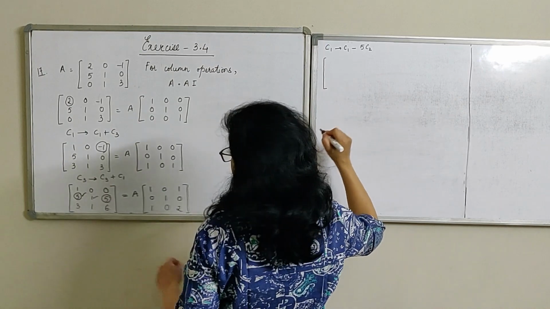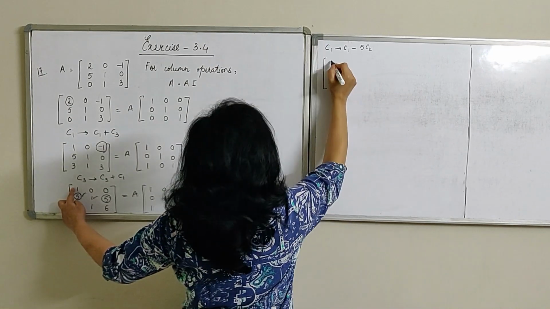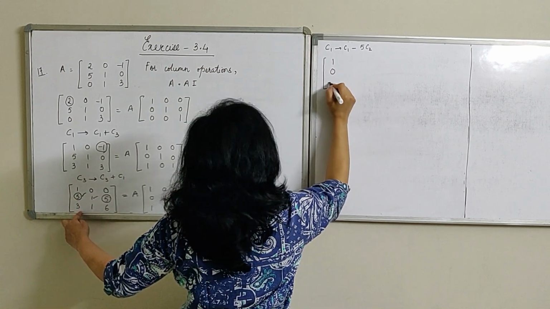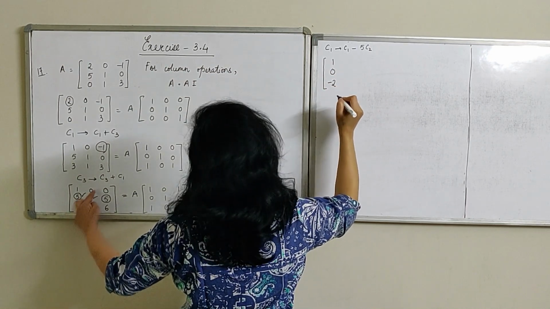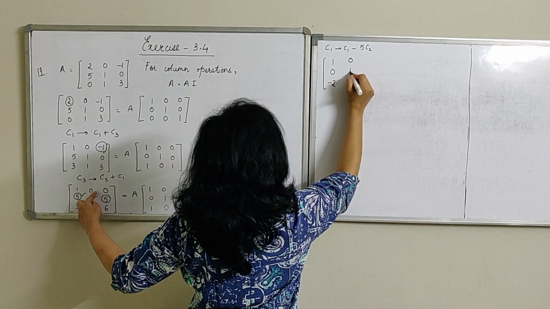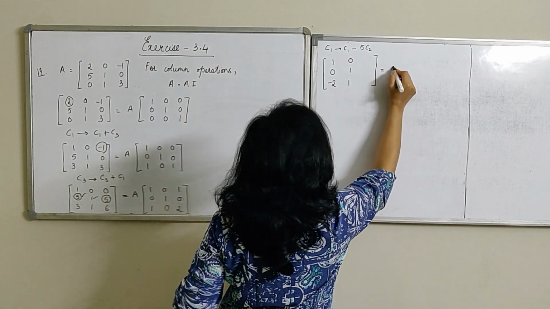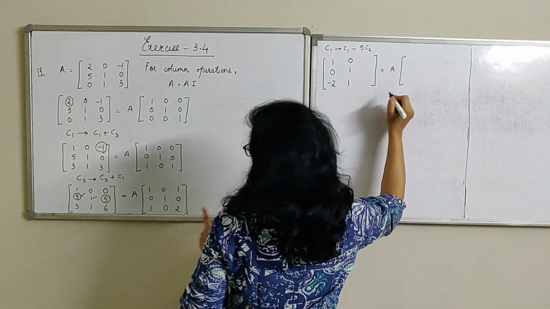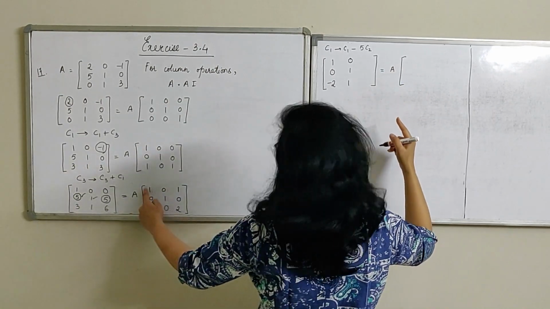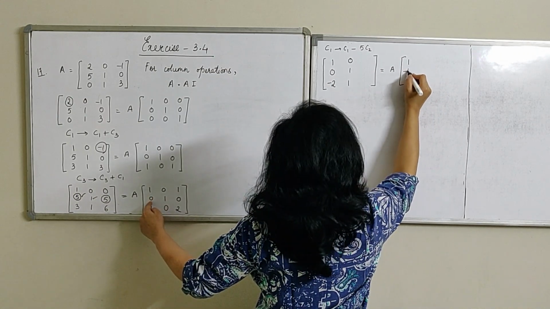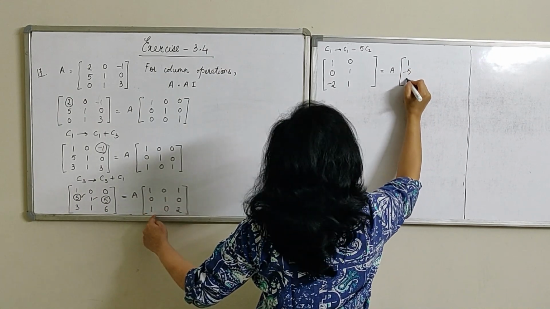So the first column, this minus 5 times is 1, this minus 5 times 0, this minus 5 times minus 2. There is no change in the second column, it will remain as such. The third column we'll write a little later. On the right hand side, the first column performing the same operation, this minus 5 times is 1, this minus 5 times and this minus 5 times.